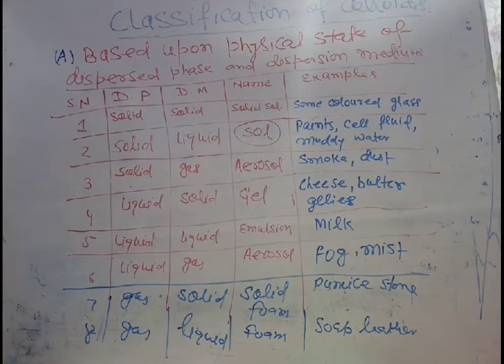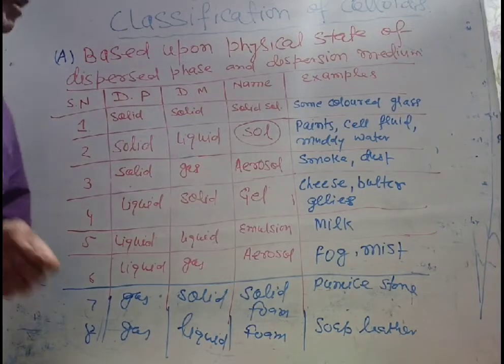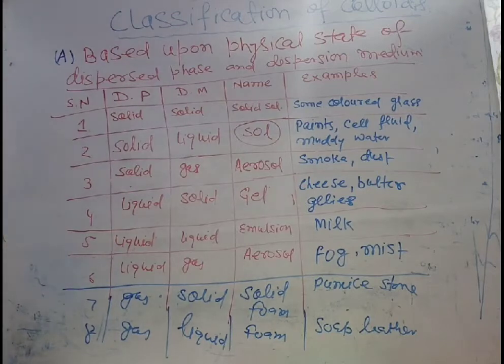Now we will discuss classifications of colloids. There are three bases for the classifications of colloids. The first one is on the basis of the physical state of dispersed phase and dispersion medium.